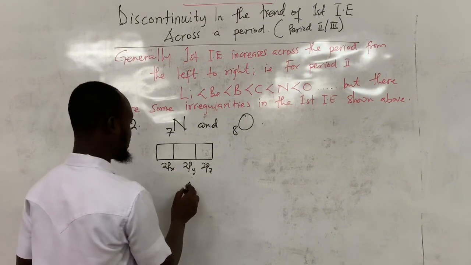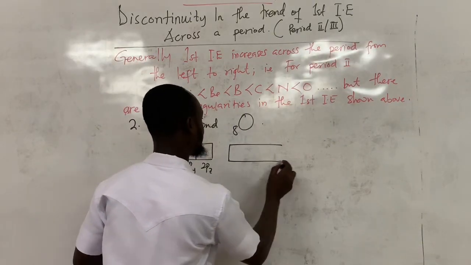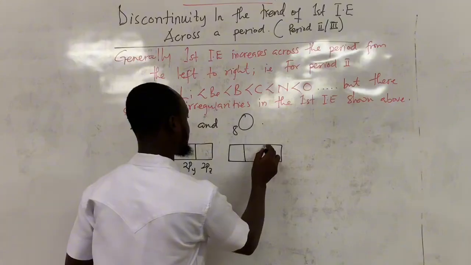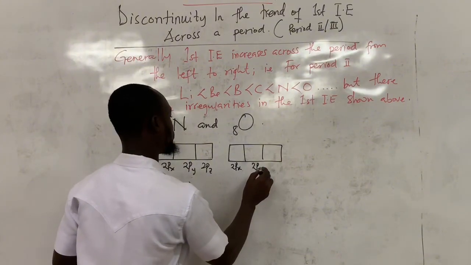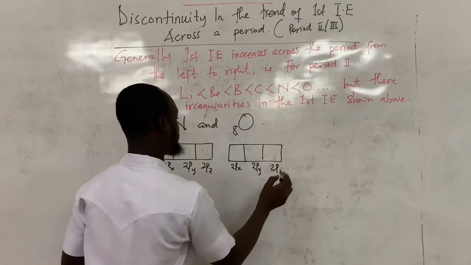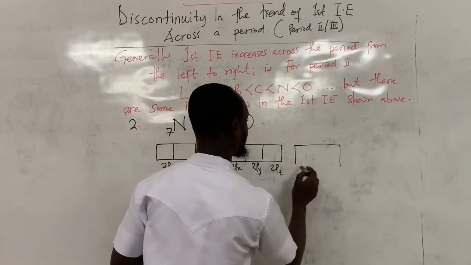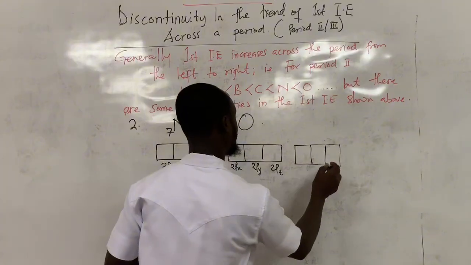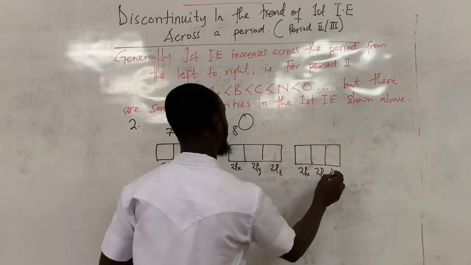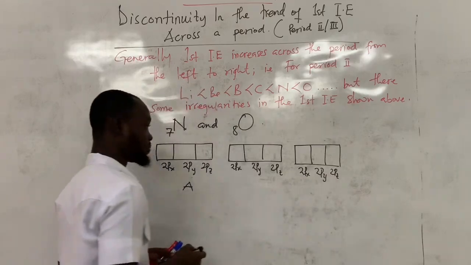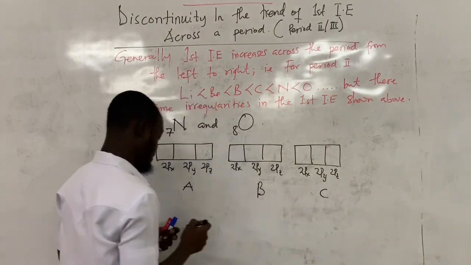Let's label this A. And then I have another diagram here: 2px, 2py, and 2pz. And then another diagram here: 2px, 2py, and 2pz. So this is B, and this is C.